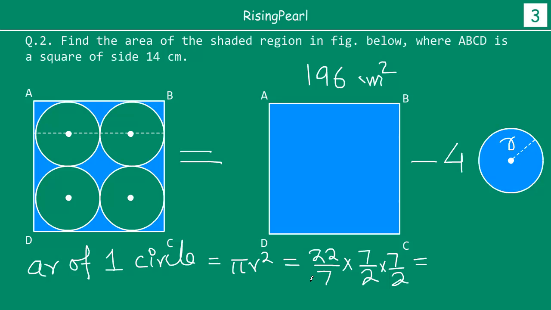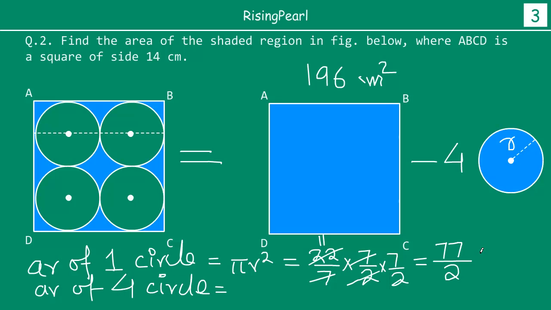In other words, we can cancel: 7 cancels out, 2 elevens are 22. So this will be 77 by 2. Now we have to find the area of 4 circles, because we want to subtract the areas of 4 circles, it will be simply this times 4.